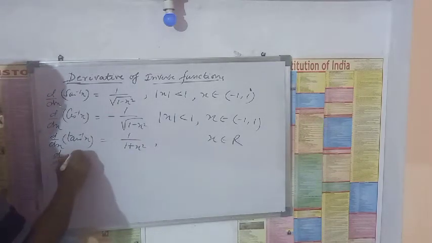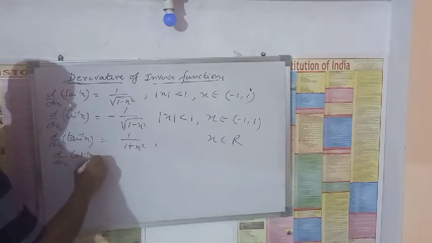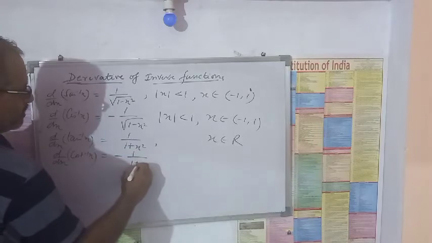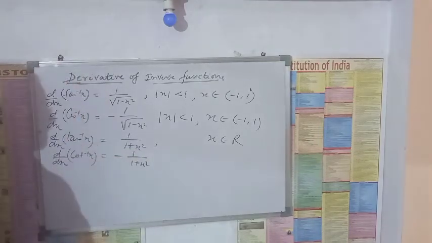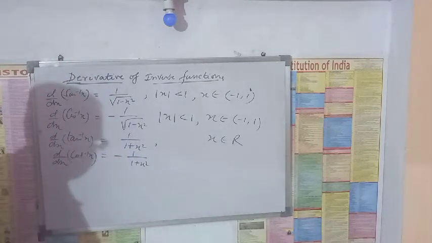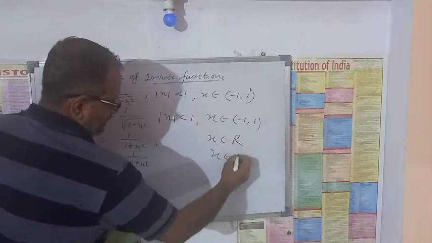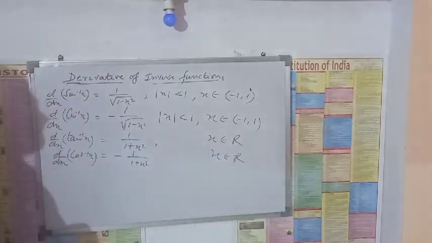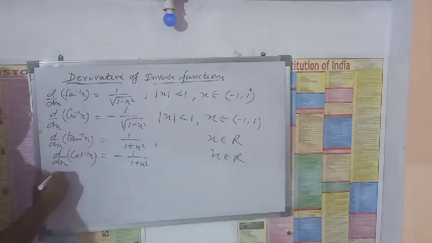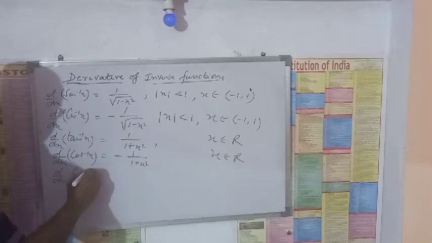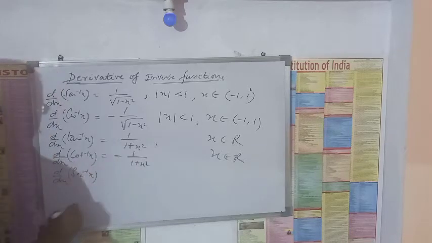d by dx of cot inverse x is minus 1 upon 1 plus x square. Again it is differentiable for all the real numbers. Next is d by dx of sec inverse x.